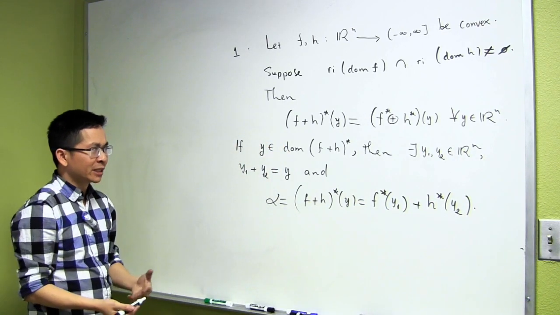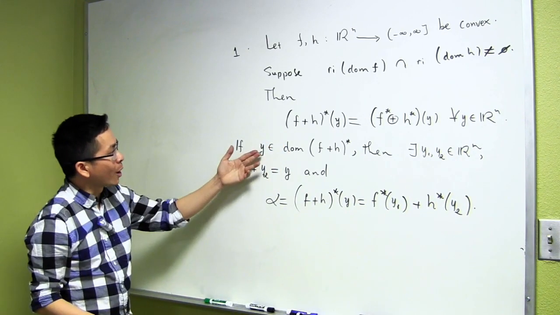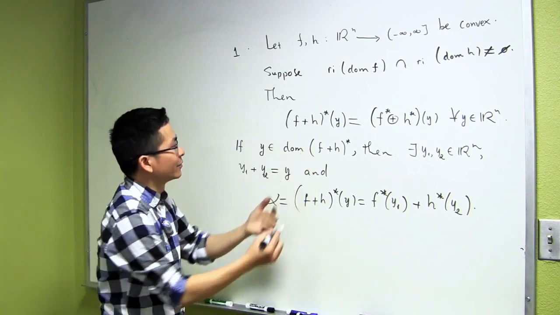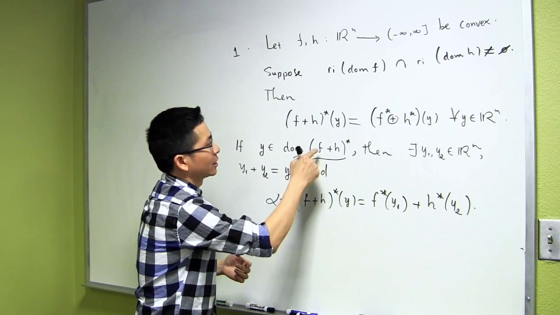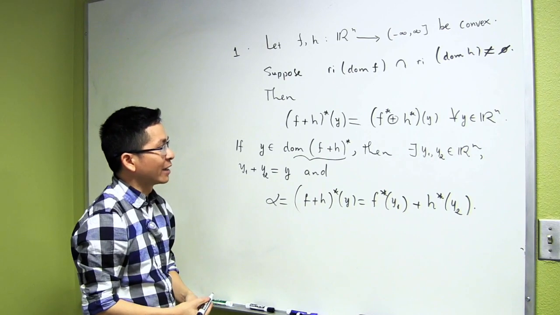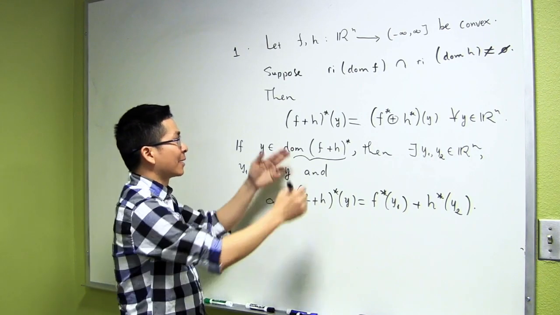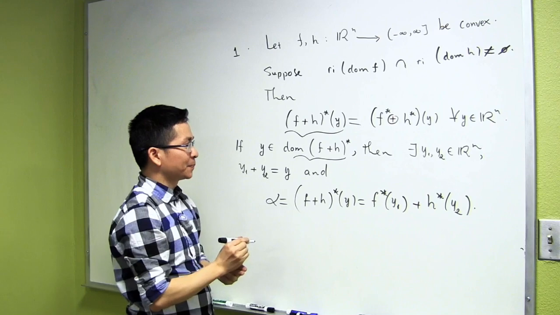And one particular case is when y belongs to the domain of the Fenchel conjugate of the sum of f and h. That means this is a real number.